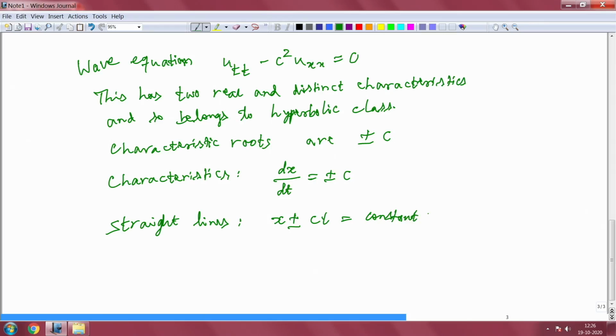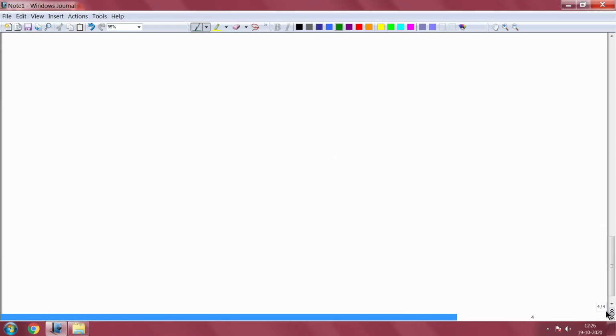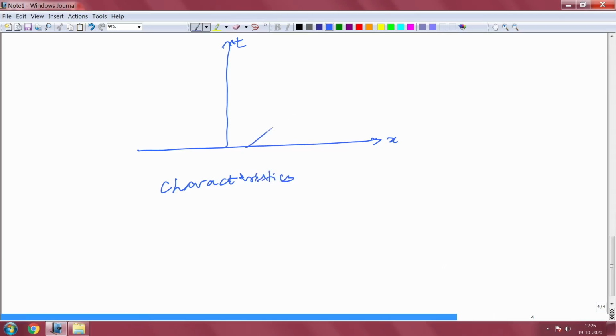Let me just draw some picture. This is the x axis and this is the t axis. The characteristics are two families of straight lines.